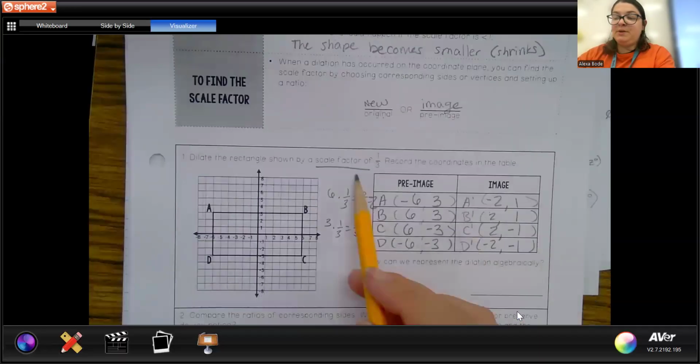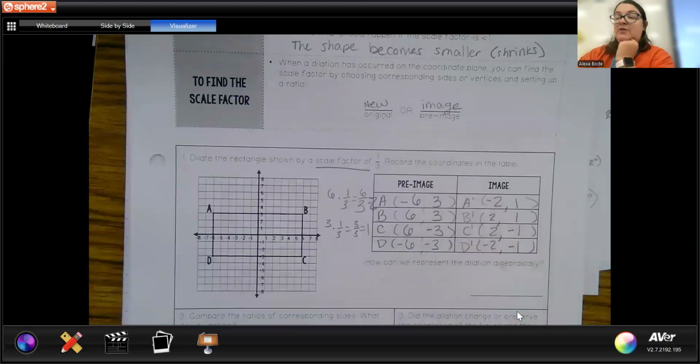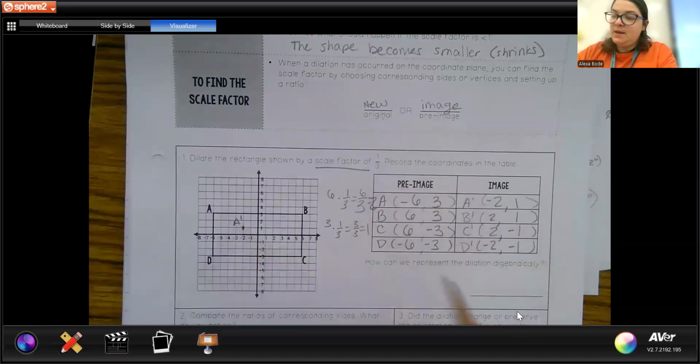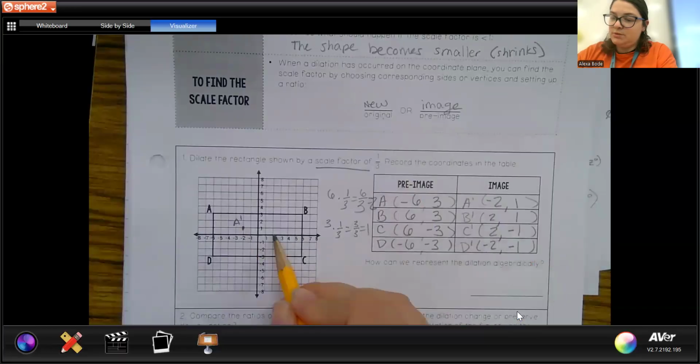We should see that when we plot these points, our rectangle should get smaller because our scale factor is less than 1. So we're going to plot A prime, (-2, 1). We're going to go over to -2, up to 1. That's my A prime. B prime is (2, 1), so I'm going to go over to 2, up to 1.